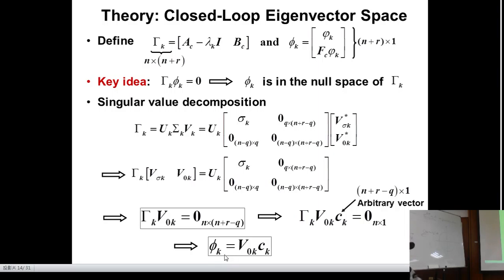Vk is not a unique vector. We can have all kinds of choices. You have freedom to choose. And that's the good part of it, because you have the freedom to choose the Vk you want.